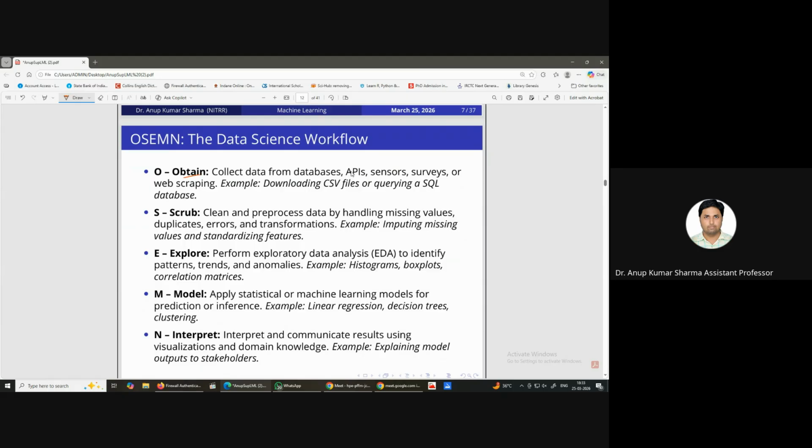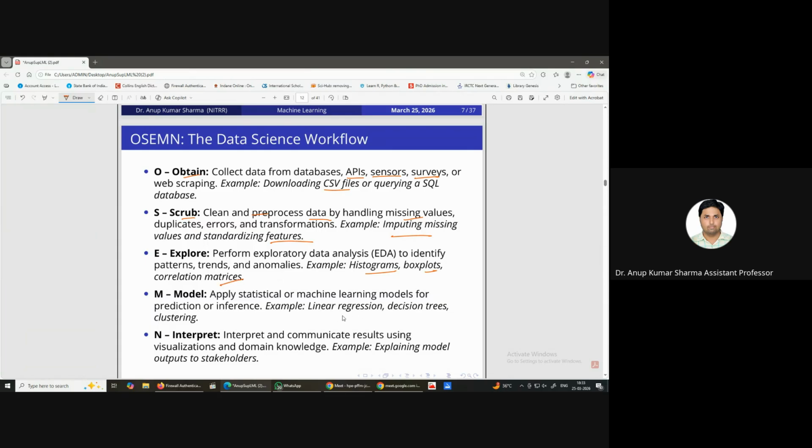Obtain means we can use sensors, surveys, APIs, downloading CSV, or SQL queries. We can scrub, clean and pre-process the data, handling and imputing missing values, standardizing features, scaling, normalization. Explore means EDA, like histogram, box plot, correlation.